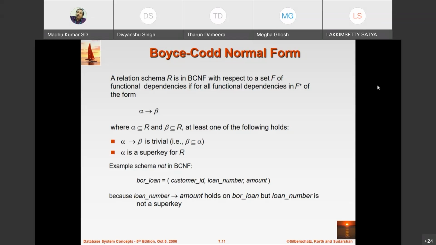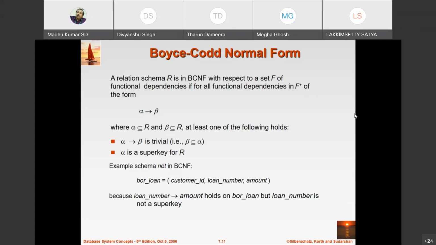Otherwise, you have to split the table in such a way that X becomes the key of the table. If that is satisfied, then we say that the relation is in BCNF.